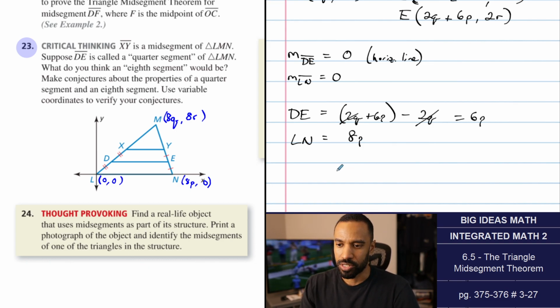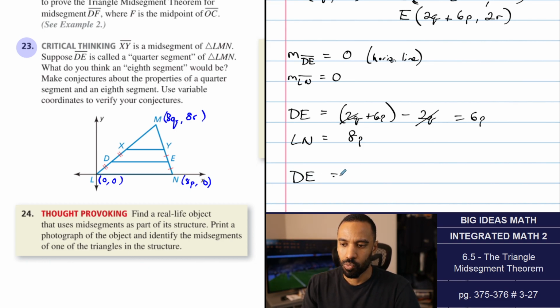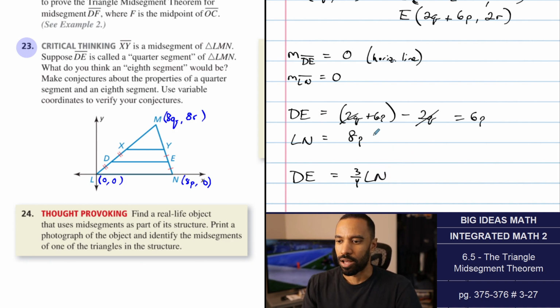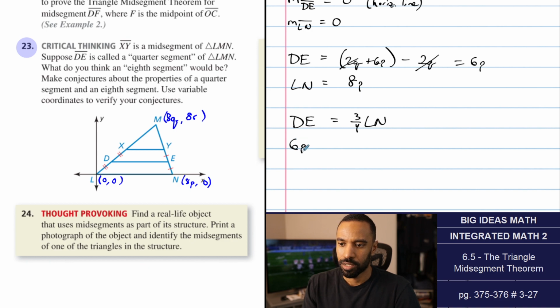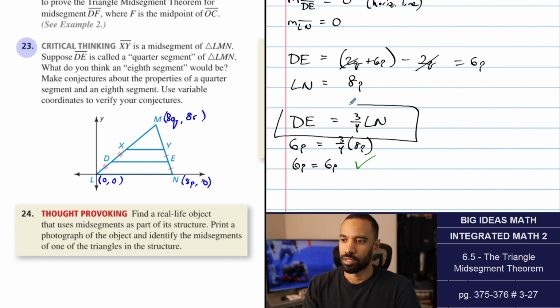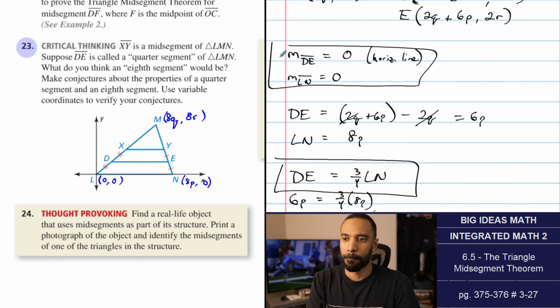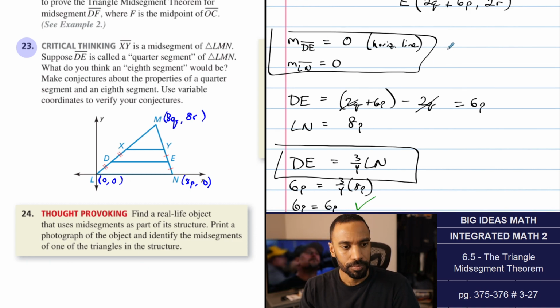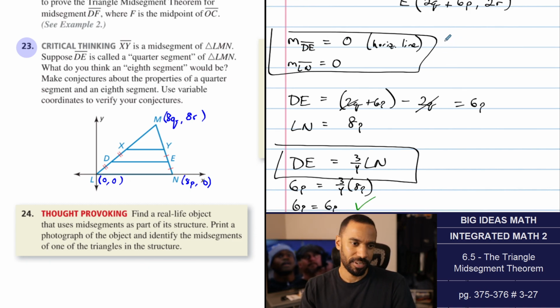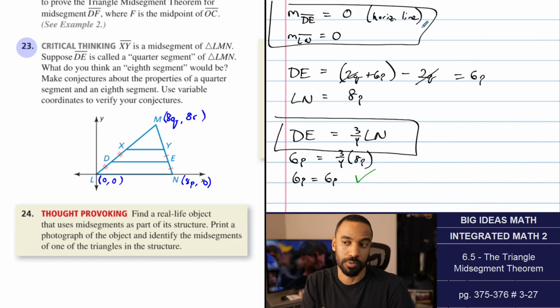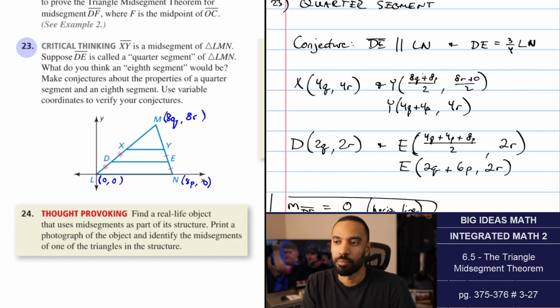My conjecture was that the length of DE was 3/4 of LN. Well, 6P is 3/4 of 8P. And that does check out. So that is true. Parallel, that is true. Therefore, yes, it is a quarter segment, and that is what a quarter segment would do. My conjecture holds up.